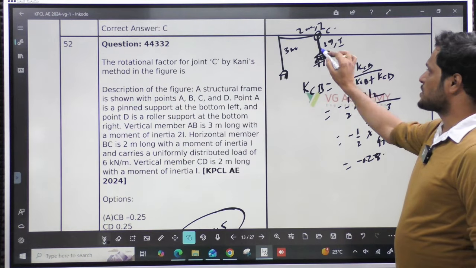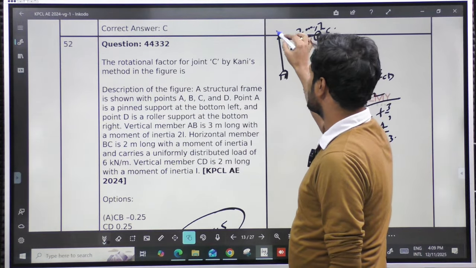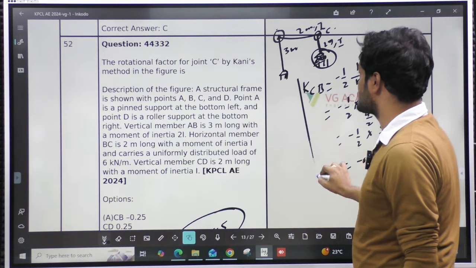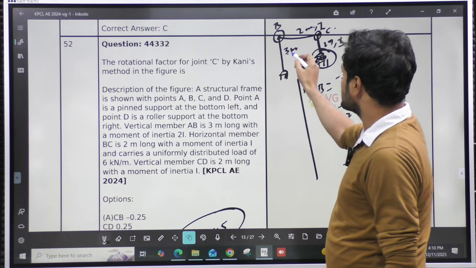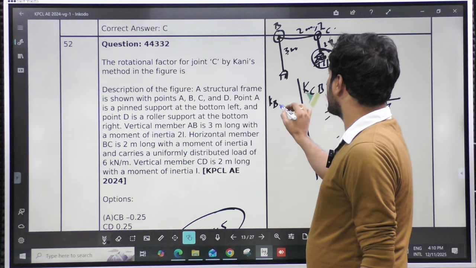So probably this must be fixed end or it must be joint C, because for joint B if you see it is 3, so 3 will divide with 3, so we will find KBA.